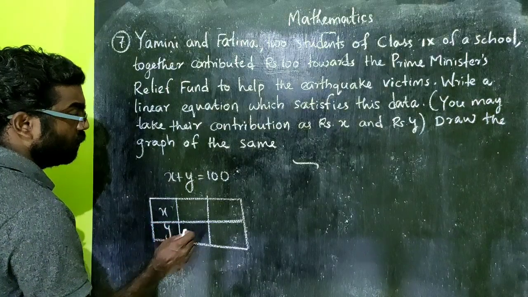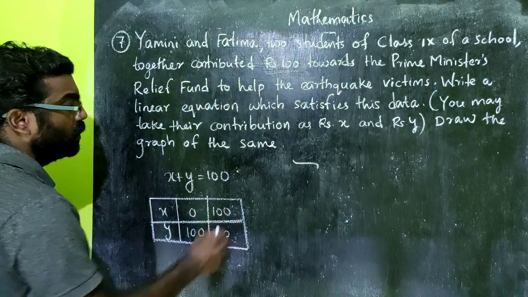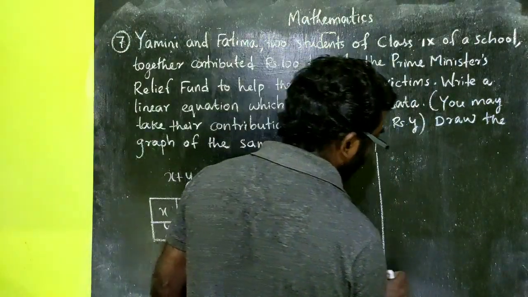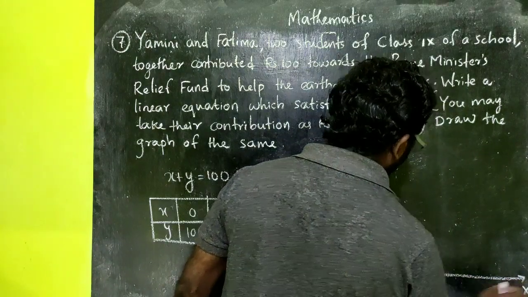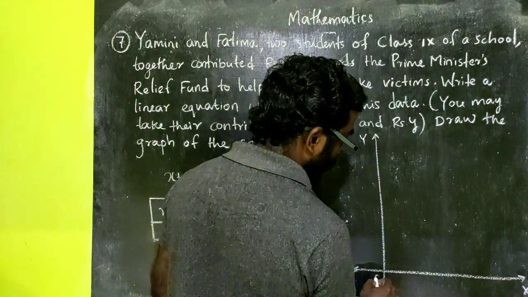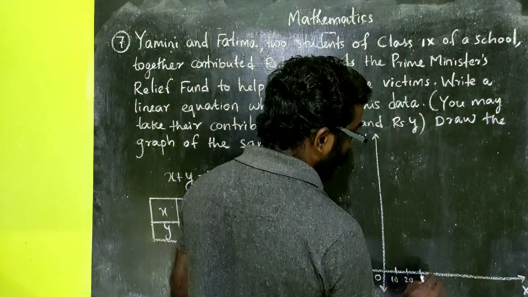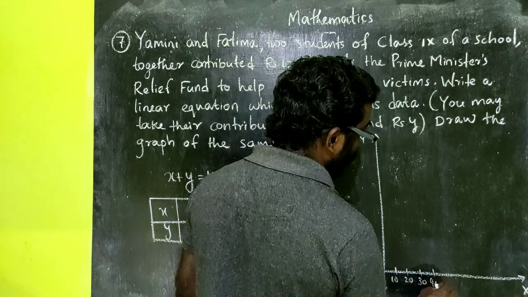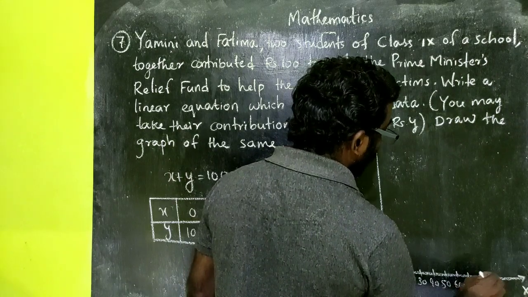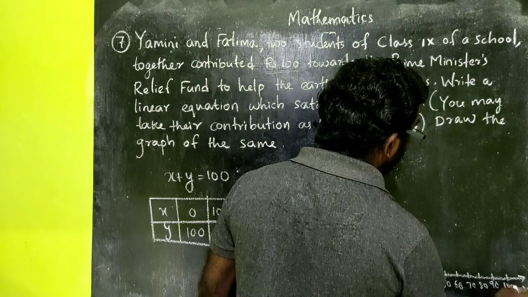Now we can find the points and draw the graph. Here x, y. When x equals 0, y equals 100, and when y equals 0, x equals 100. Take the x-axis and y-axis, and we can mark 10, 20, 30, 40, 50, 60, 70, 80, 90, 100.